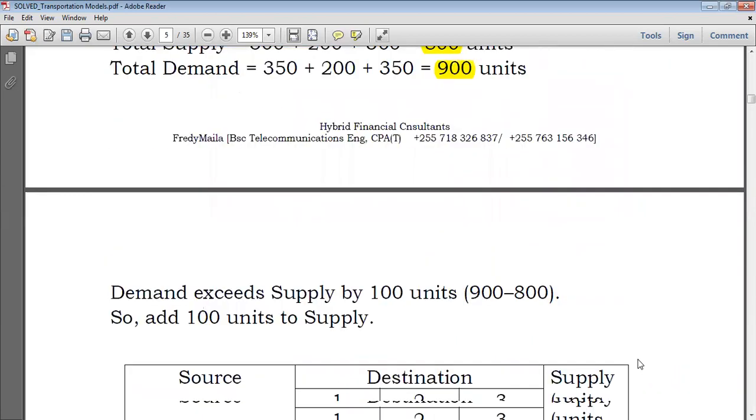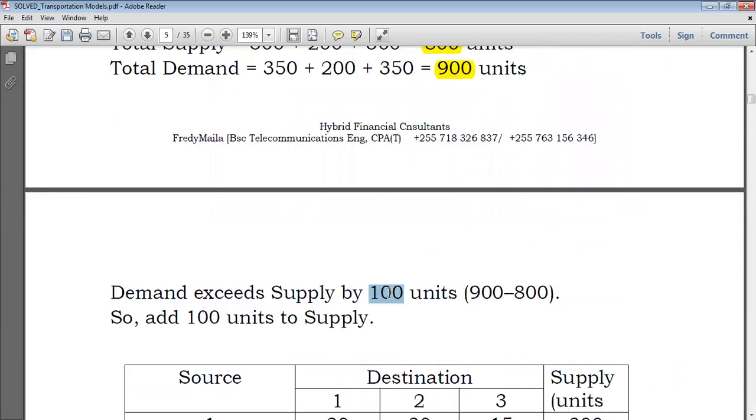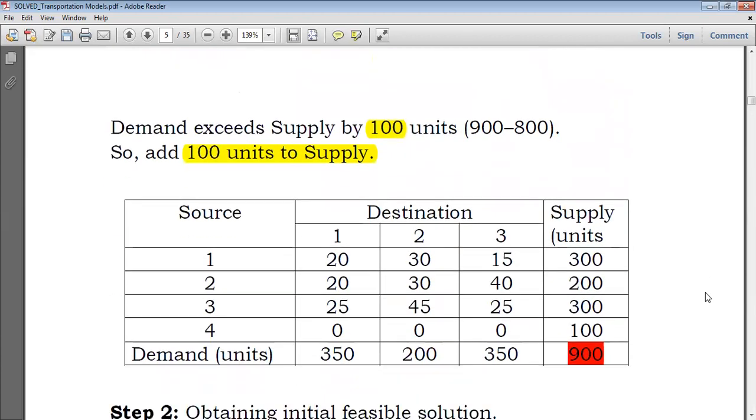Since demand exceeds supply by 100 units, you would have to add 100 units to supply so as to reach 900 units. So supply is 300, 200, and 300, that is 800. Then you have to add another 100 so as to reach 900.